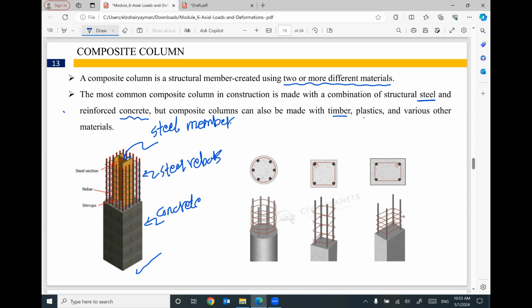All of them are embedded in concrete. Sometimes we have only concrete with steel rebars only. And the concrete cross section, sometimes it's circular, square, or rectangular, whatever the shape. But in the end, we have two materials creating your composite member.